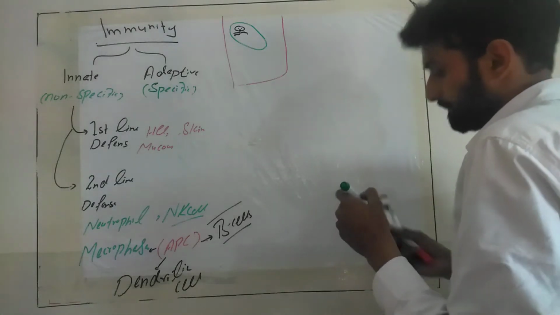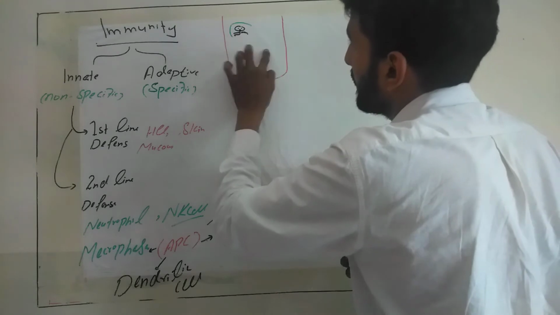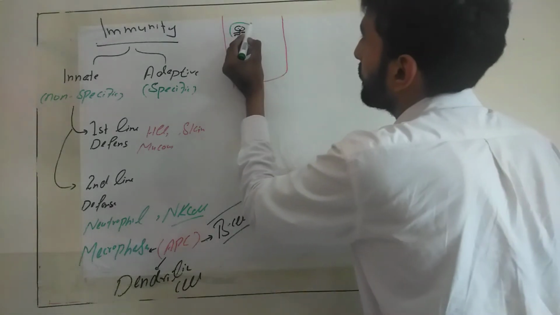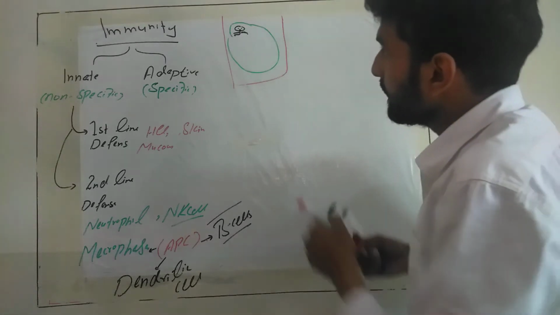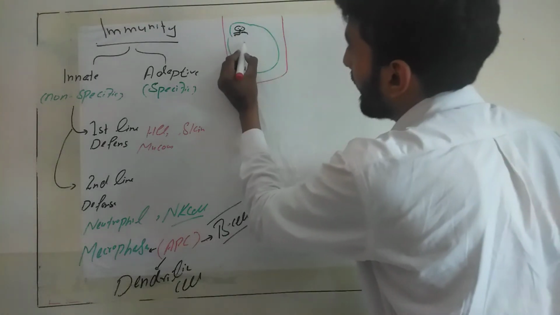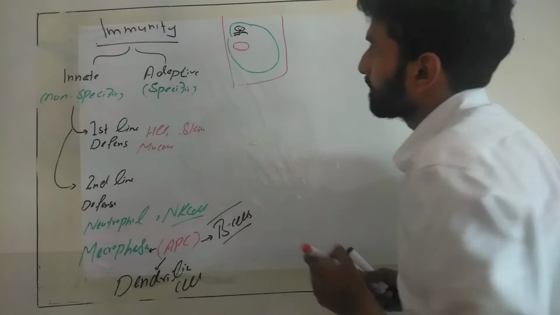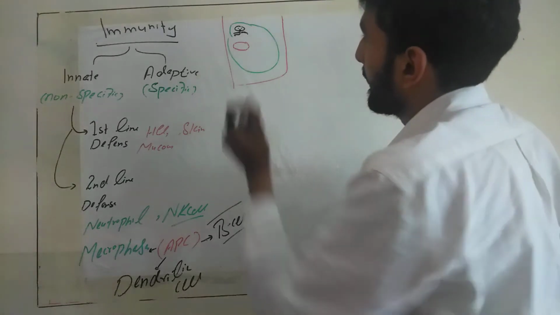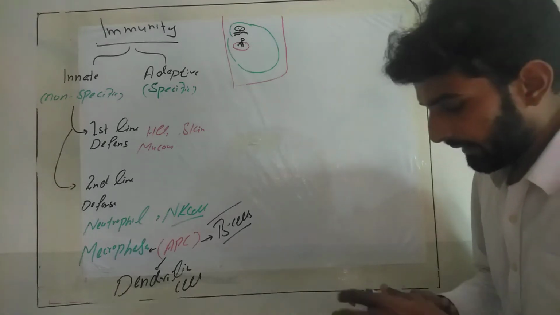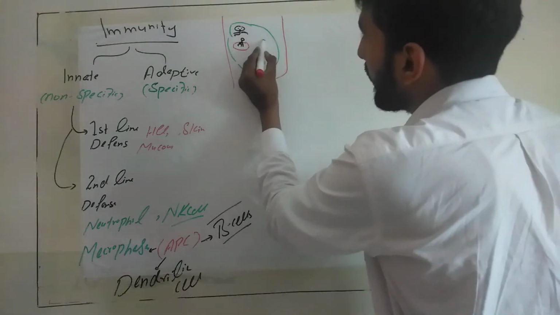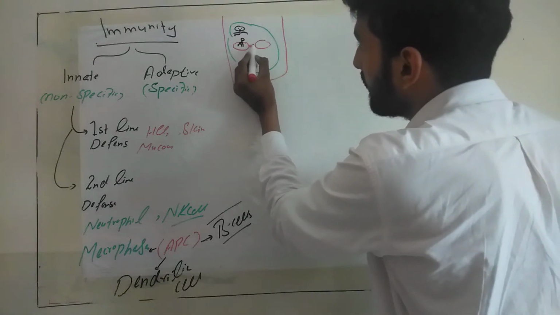Now let me make it bigger so that we can understand this concept in a better way. Initially this bacteria will be trapped by the phagosome of the macrophage. Okay, this bacteria has been trapped, and later on this phagosome will fuse with the lysosome.